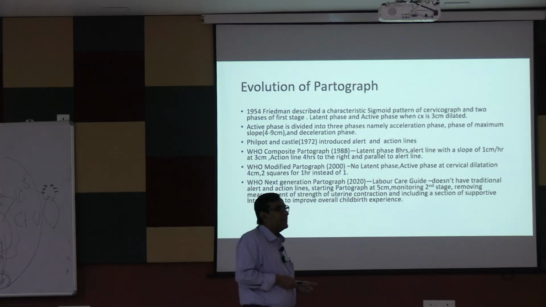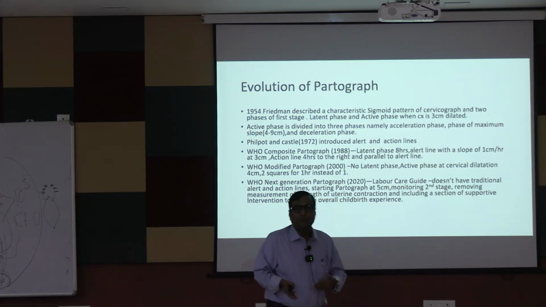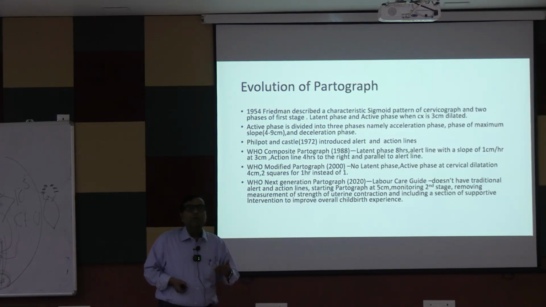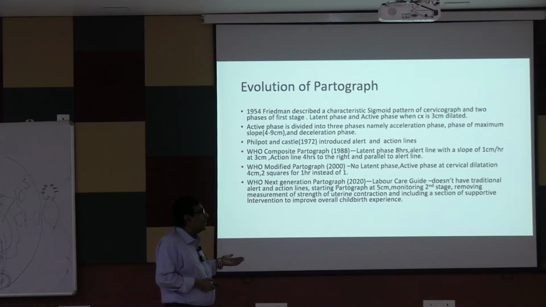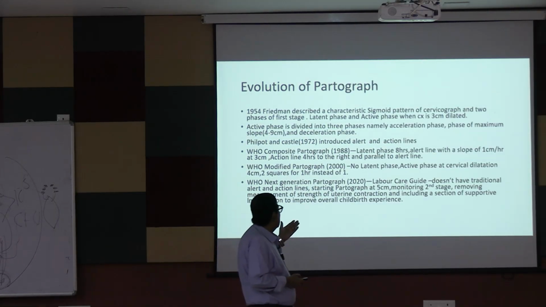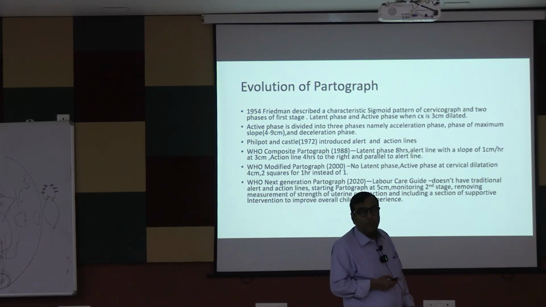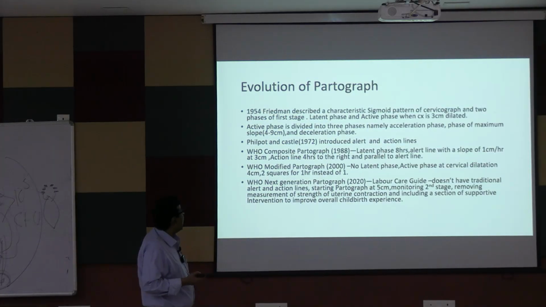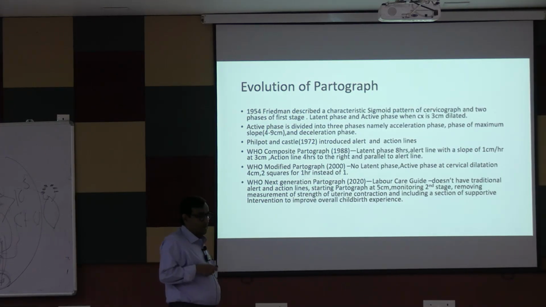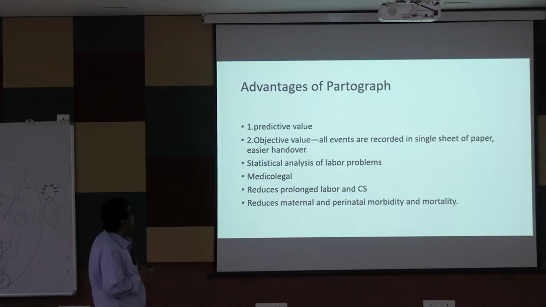We do not dictate that the patient take this particular posture or that one. Allow the patient to adopt the posture she is comfortable with. And finally, pain relief. If she complains of pain, we provide pain relief procedures so that the childbearing experience becomes a fruitful one for both the couple.